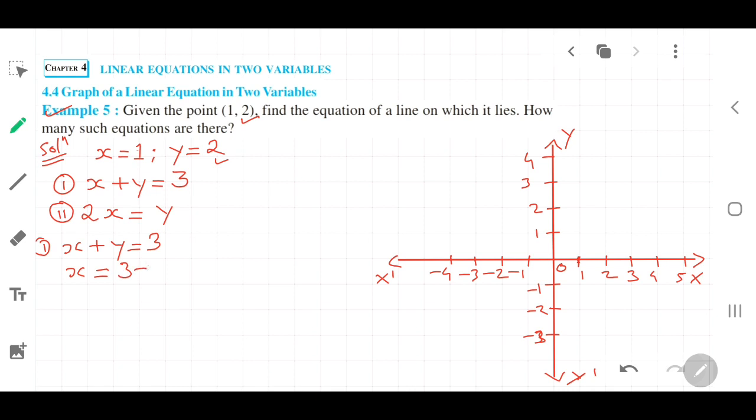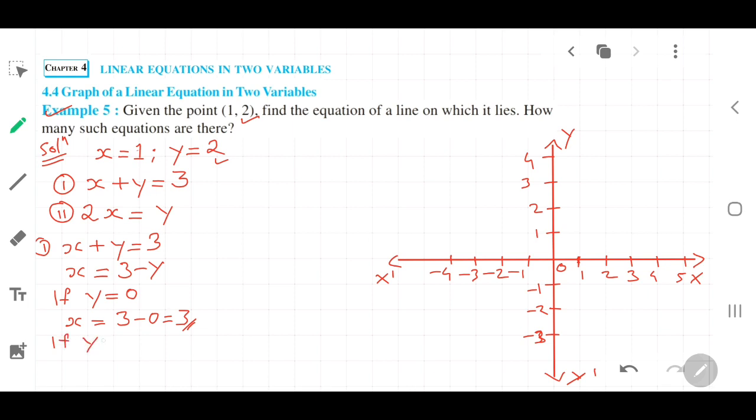So this is the equation that we got. Now suppose you take y as 0, so what will be x? So x would be equal to 3 minus 0, and that is equal to 3. So the value of x we got is 3.